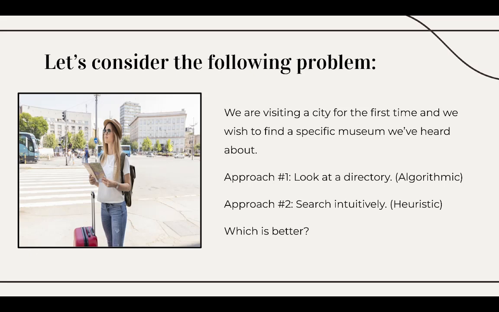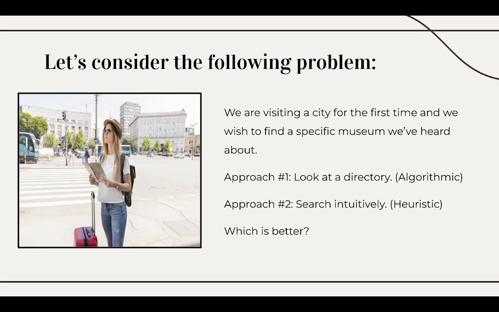The first one: maybe we already have a map of the city we're visiting, and that map includes a list of some of the most popular museums with their addresses. So we could follow a set of steps that could get us to the museum 100% guaranteed.